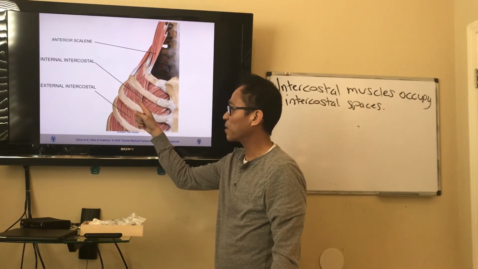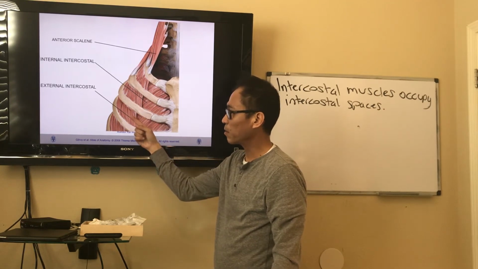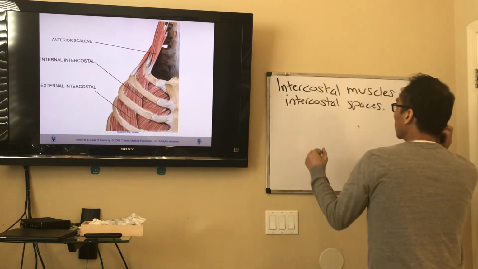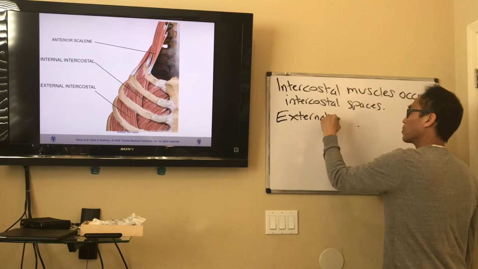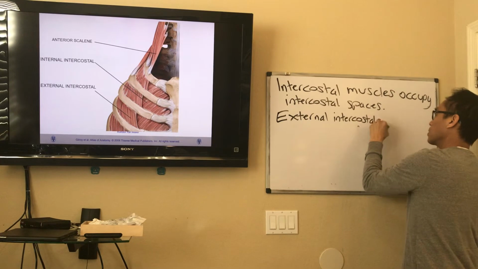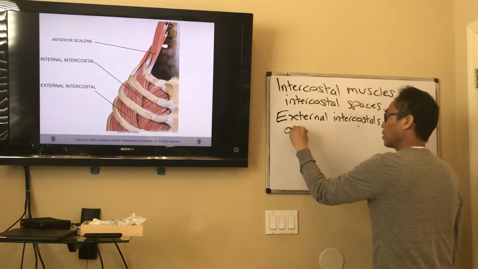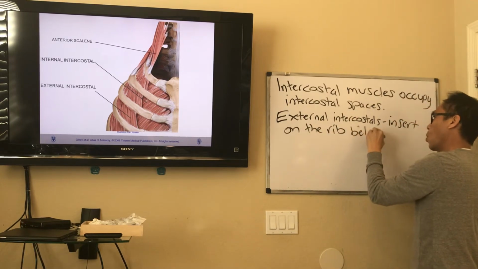So if I'm talking about this muscle, they insert on the rib below it. This muscle here, it inserts on the rib below. External intercostals insert on the rib below.